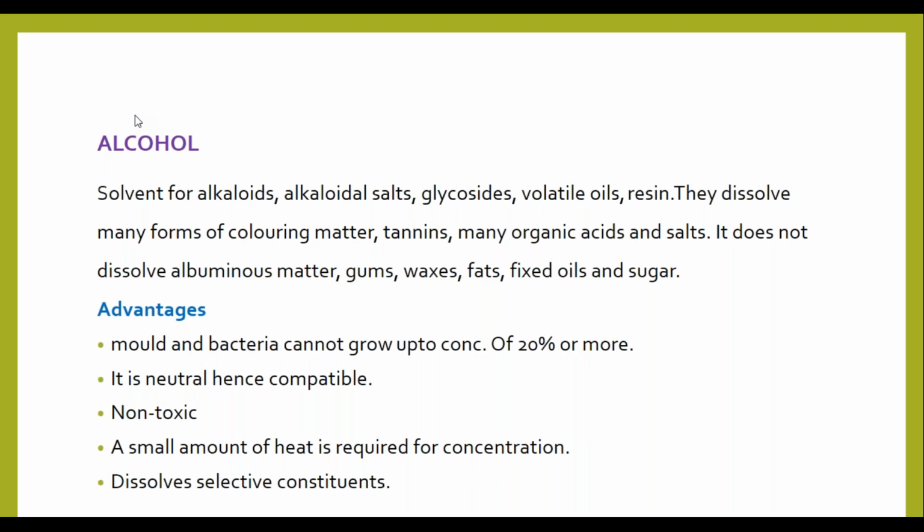So in general, alcohol, here we are talking about ethyl alcohol, or we can use even methyl alcohol, because even that has a very good extracting property. But here we are concentrating on ethyl alcohol. This alcohol is a solvent for dissolving alkaloids, alkaloidal salts, glycosides. See, what are these terms?